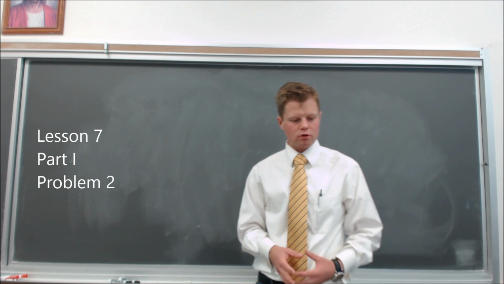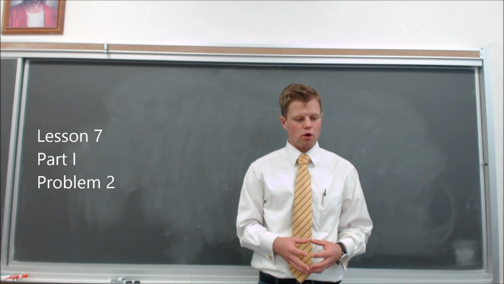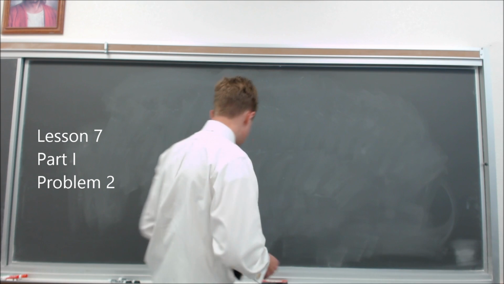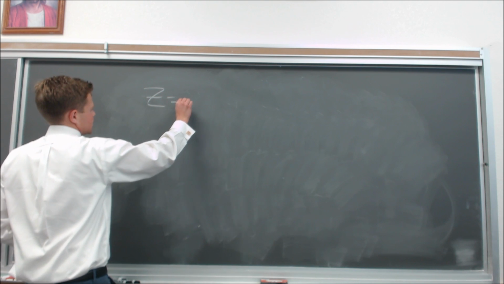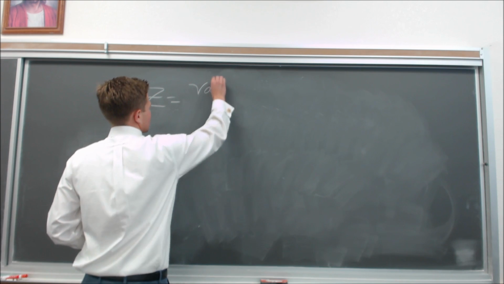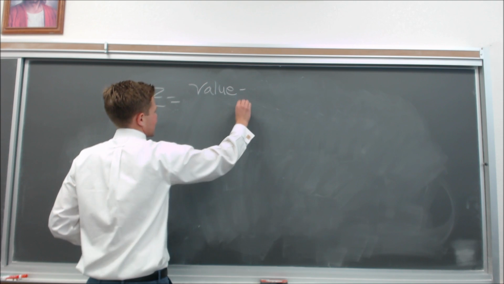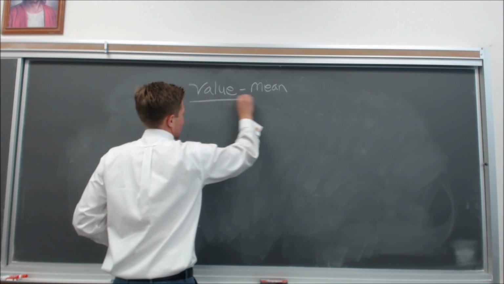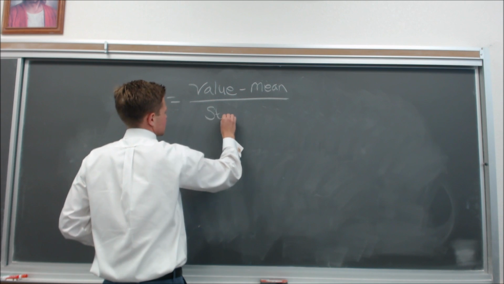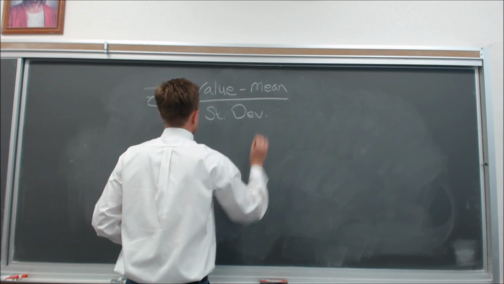Question 2. What is the z-score formula for a sample mean that is normally distributed? Okay, so if you remember, in general, our z-score is equal to the value minus the mean divided by the standard deviation.